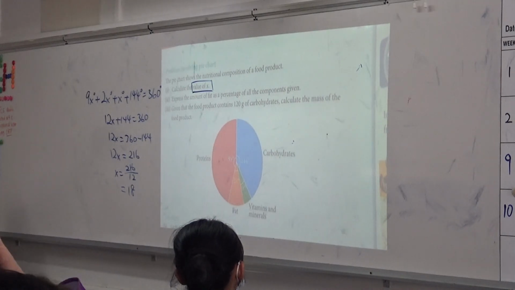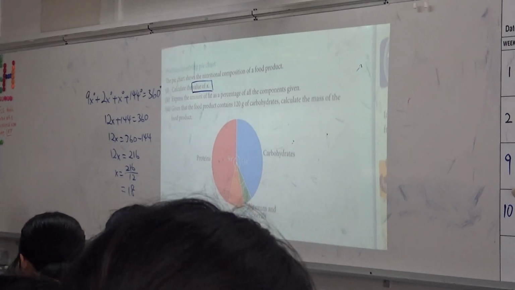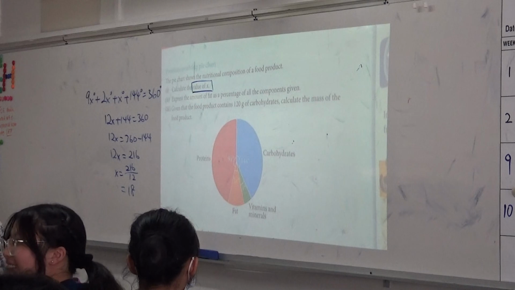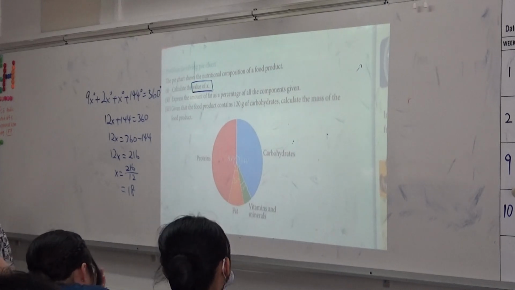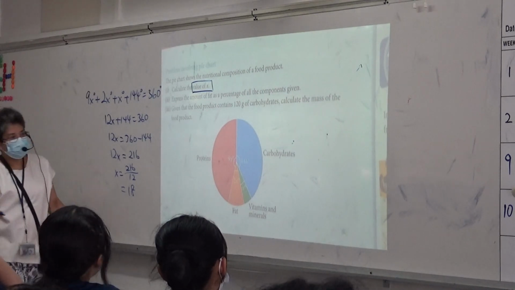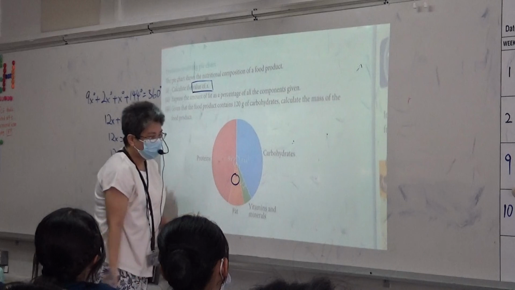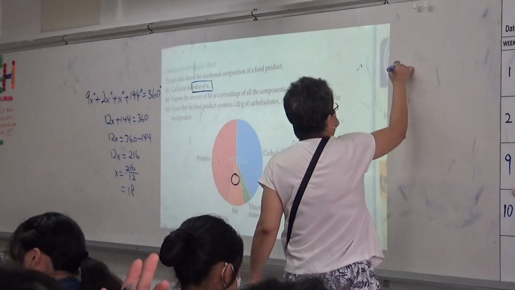Page, someone is asking me. 212. Page 212. Thank you. Now next, express the amount of fat as a percentage of the whole of all the components given. Now look at fat here. How many degrees? 2x. Okay.